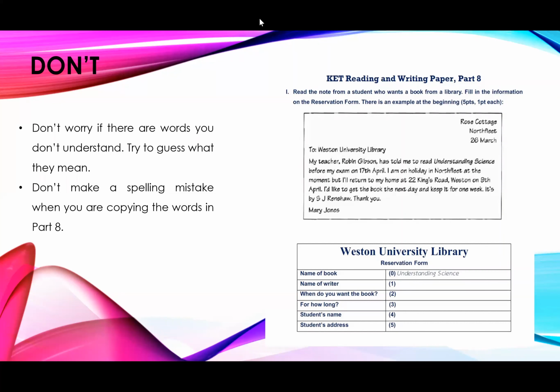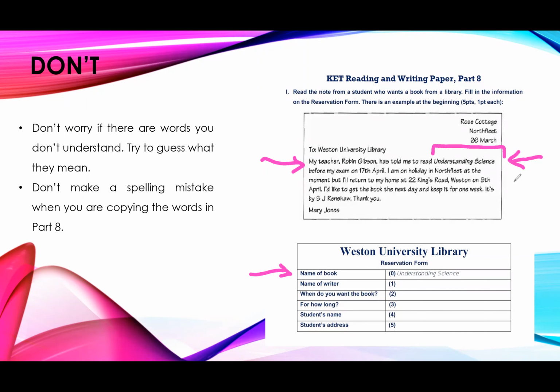For example, in the first line, you see the name Understanding Science is going to be the name of the book. You can see that they wrote it here for you. And then the question asks you, name of book.